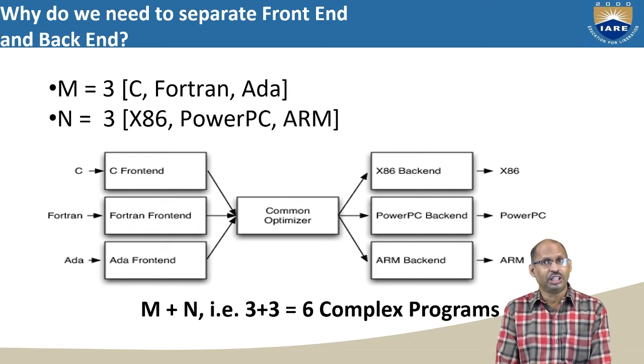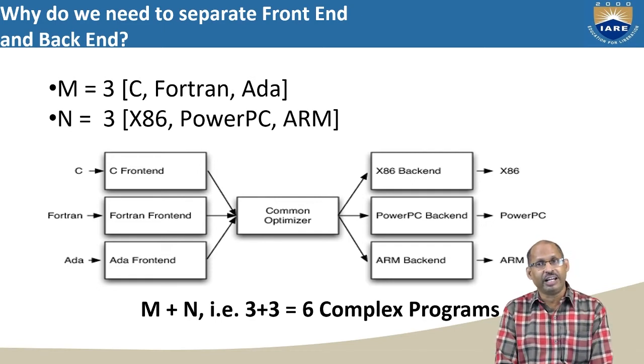So, for each source language, we are constructing a front end. For each backend, we'll construct a backend. So, we are mapping the respective front end and back end, which results in a complex compiler program.